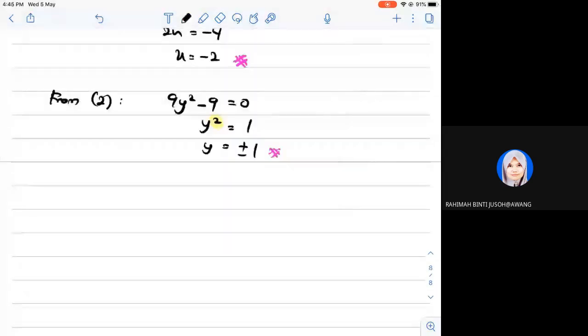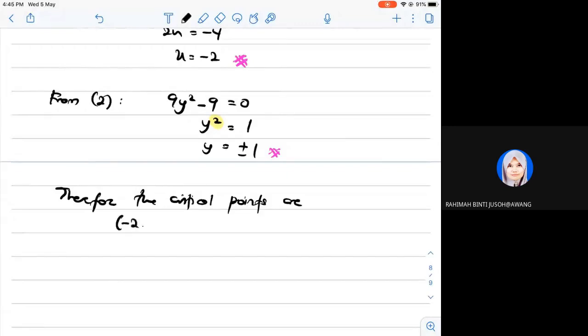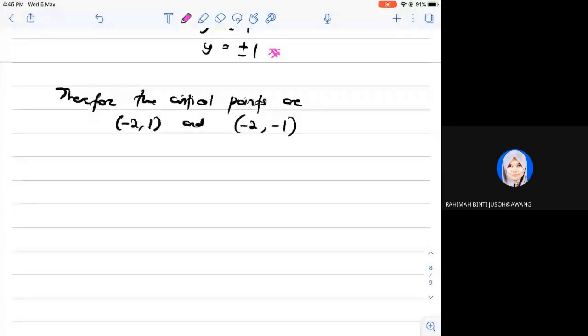Okay, so therefore, from here, therefore the critical points are x sama dengan negatif 2, negative 2, 1 and satu lagi negative 2, negative 1 lah sebab y ni dia ada dua nilai plus minus kan. So that we have two critical points. Okay, so settle on critical points. Let us find the fxx, fxy, fyy.